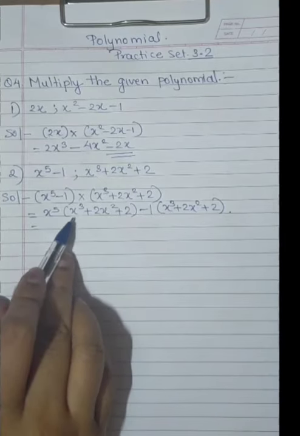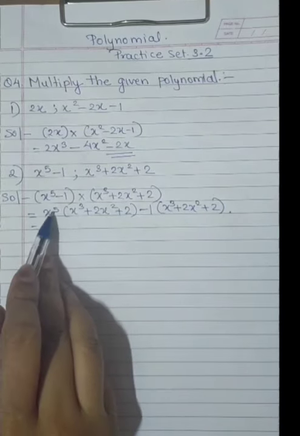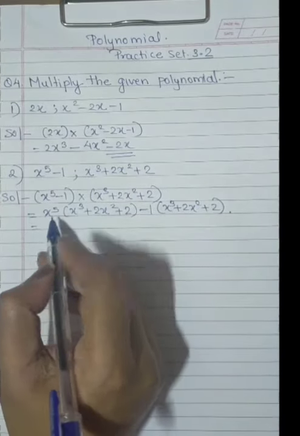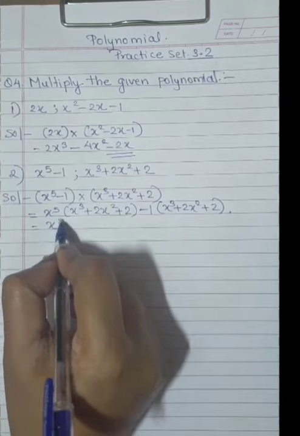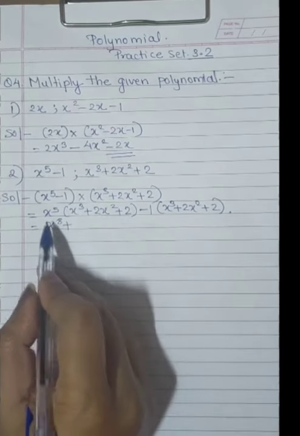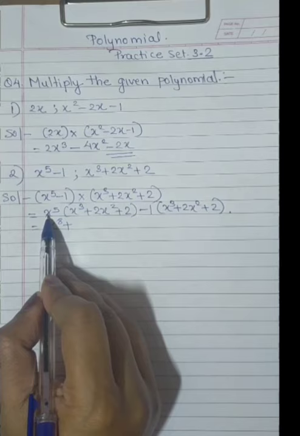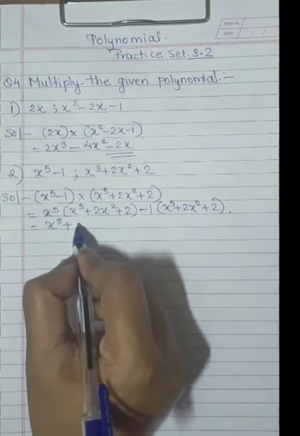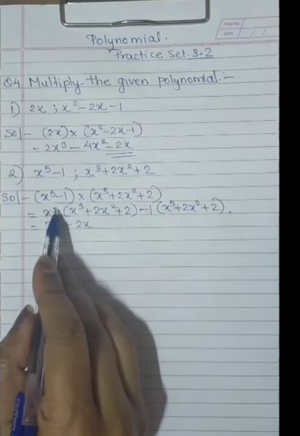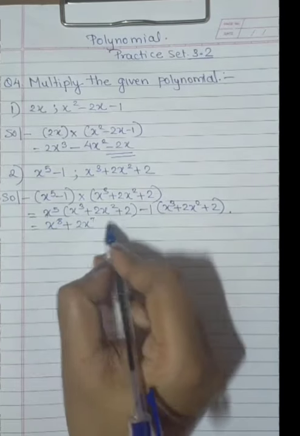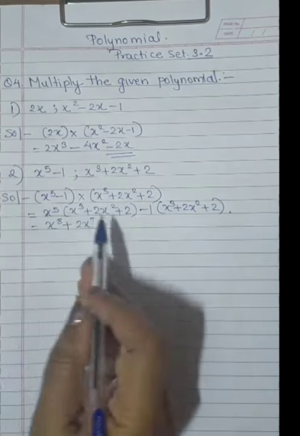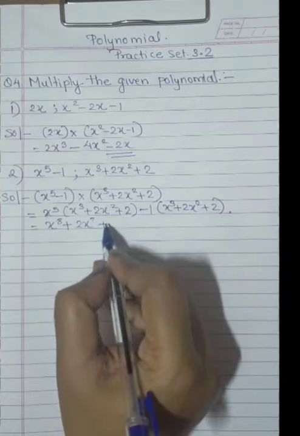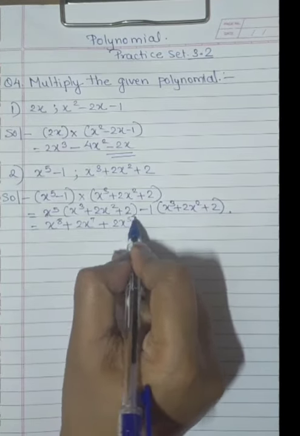So here x into x, the powers, the degrees get added. So here x to the 8 will come, plus again when multiplied with this, we will get 2x, this gets added, 5 plus 2 is 7, again plus sign, again this will multiply with x to the 5 multiplied with 2, we will get 2x to the 5.